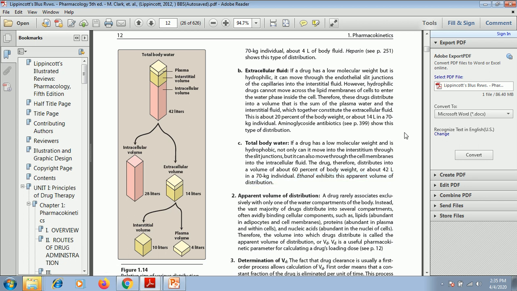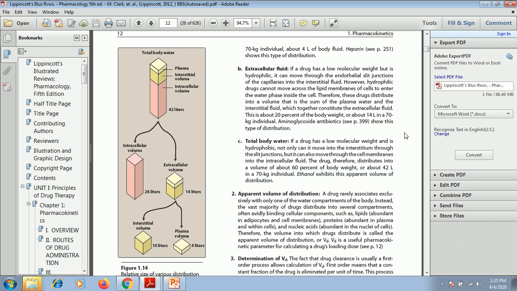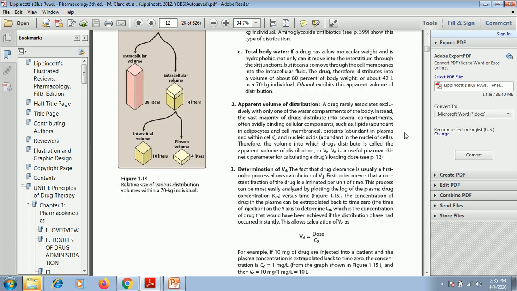How can we determine the volume of distribution, or VD? Remember, VD is written as capital V with a smaller d in the subscript. This is called volume of distribution.